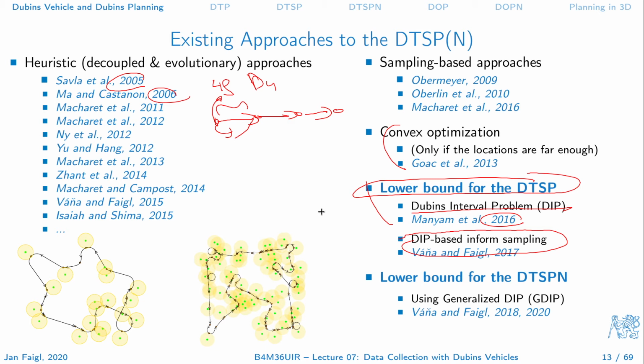I will show you in a minute. But in our original data collection planning, we really like to exploit the non-zero sensing range. So we have this neighborhood, and we cannot directly use the Dubin's interval problem, but we actually propose a generalized version that actually allows us to provide similar results as for the Dubin's traveling salesman problem to the TSP with neighborhoods.